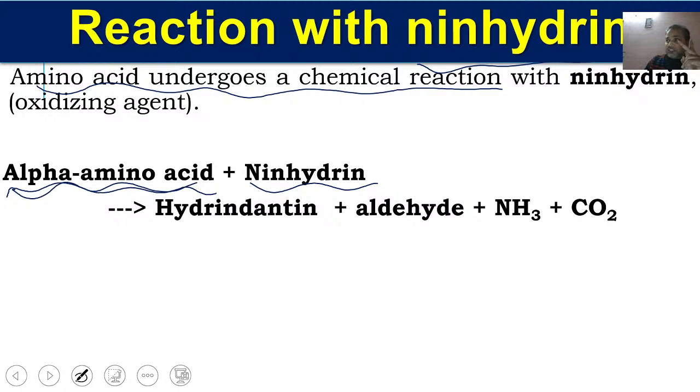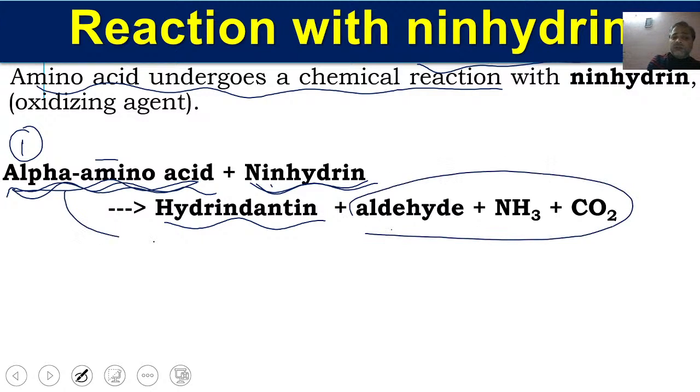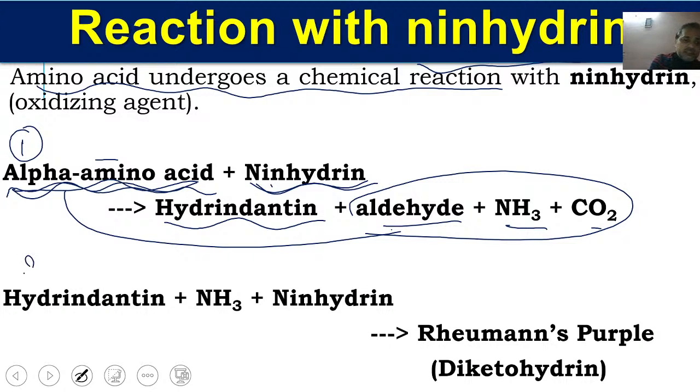This reaction occurs in two steps. In the first step, the alpha amino acid reacts with ninhydrin. Ninhydrin is converted into hydrindantin, which is the reduced form of ninhydrin, and the amino acid is converted into three molecules: aldehyde, ammonia and carbon dioxide. In the second reaction, this hydrindantin and this ammonia react with another molecule of ninhydrin.